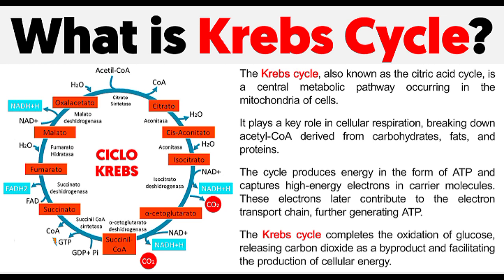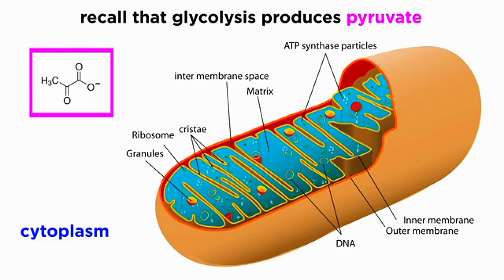It is a process that plays a very important role in cellular respiration in the breaking down of acetyl coenzyme A, which is derived from the glycolytic pathway. This cycle produces energy in form of ATP and also captures high energy electrons in the carrier molecules.